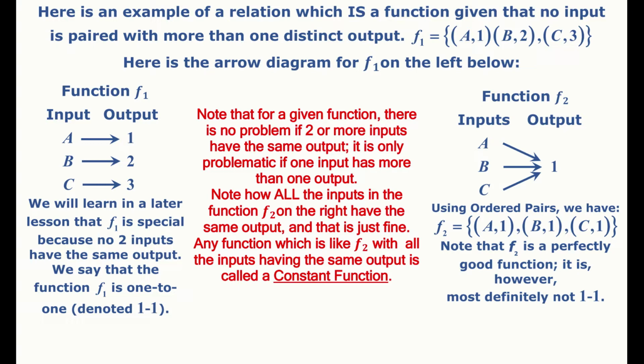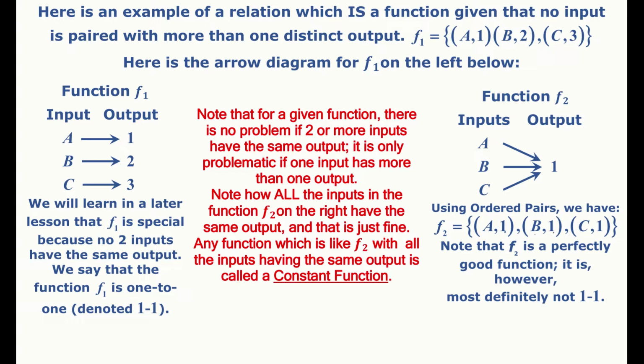All three inputs are going to the same output, but this is still very much a function, because if you were to write it out, you would see that no input is paired with more than one output. See, A is only paired with one output, B is only paired with one output, and so is C. So this is a function.